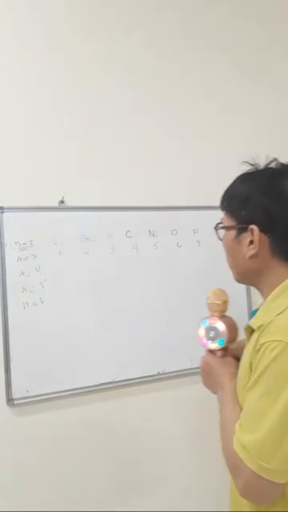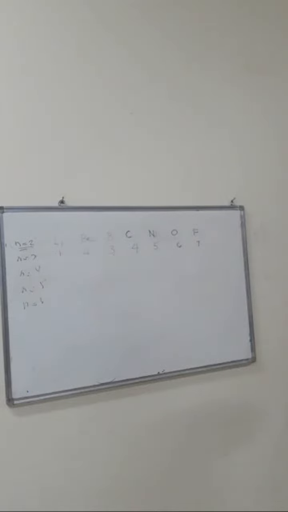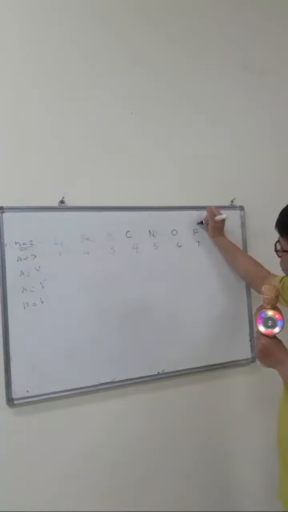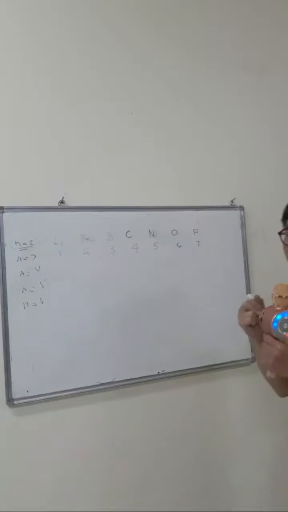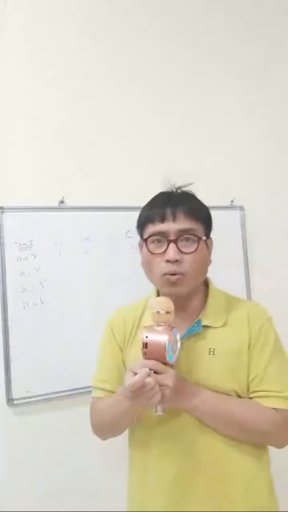So it has a maximum of 8 electrons only. Now, kay 7 pa man ang fluorine, fluorine has 7, there's still 1 electron. This represents 1 bond. So 1 plus 7 is equals to 8. As long as you can add this, it will never exceed to 8. That's why it's octet rule.